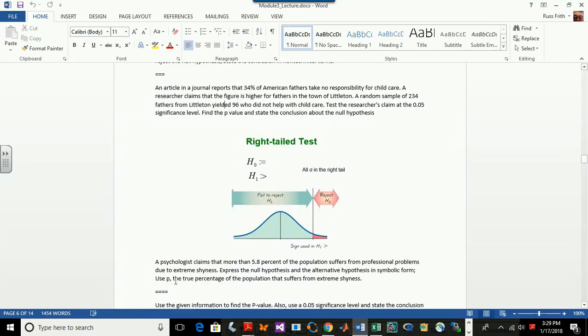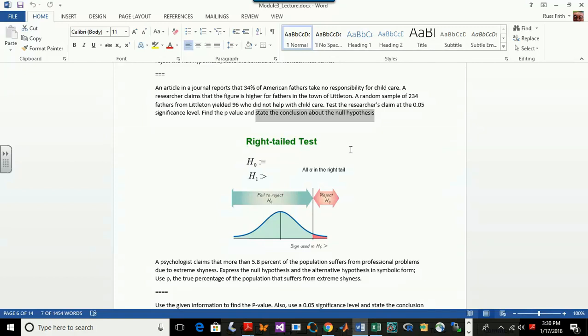So we found the p-value, and we stated the conclusion. There is insufficient evidence to reject the claim that 34% of the fathers in the town of Littleton are deadbeats.